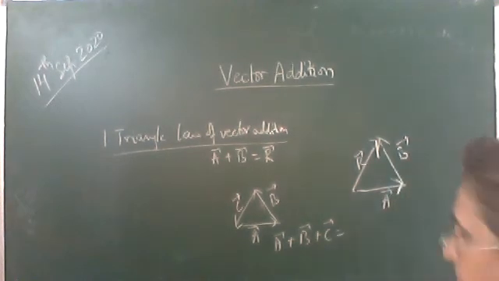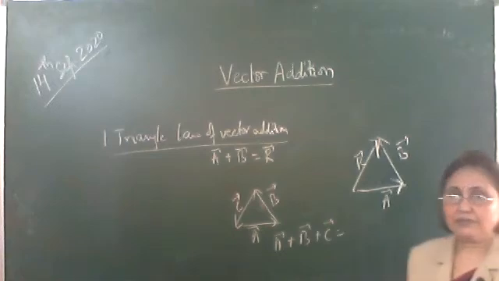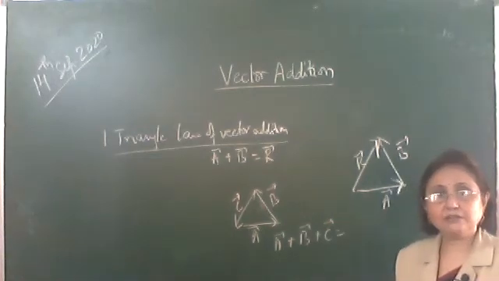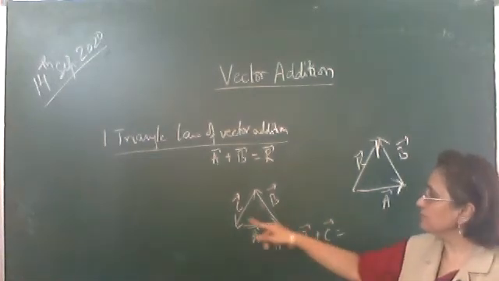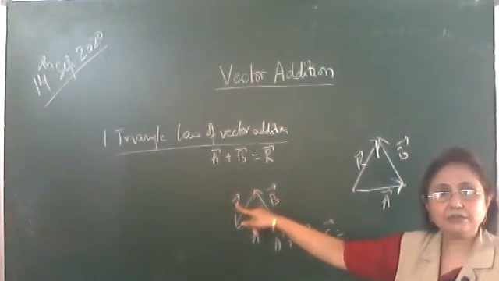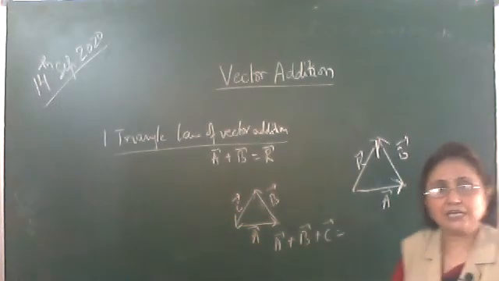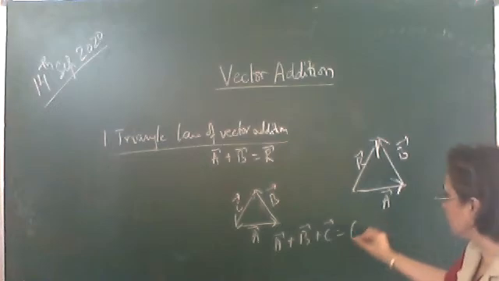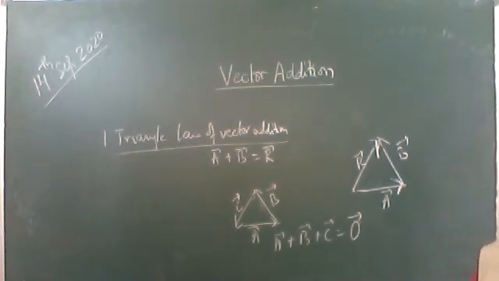Yes, A plus B plus C will be equal to 0 vector. Why? Because A plus B will be along this direction, that will be minus C vector. Bring that minus C vector to the other side: A plus B plus C vector will be equal to 0 vector, the null vector.